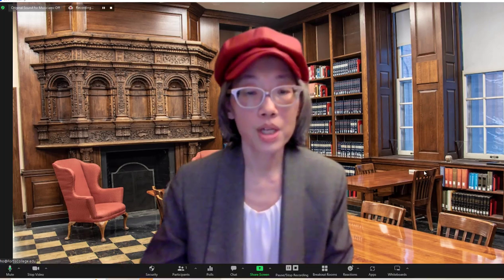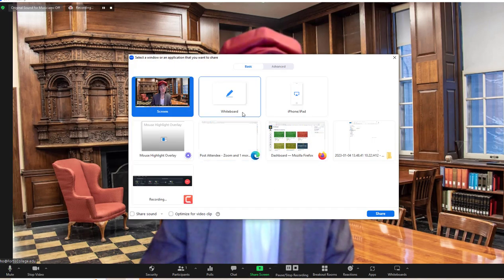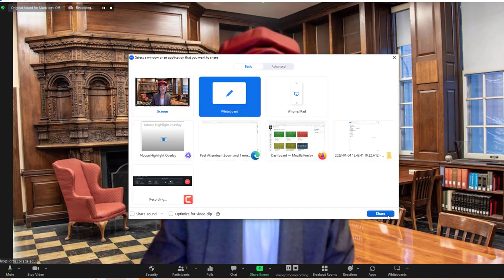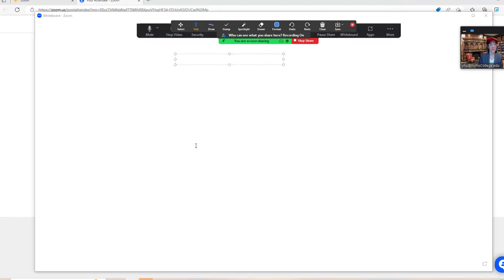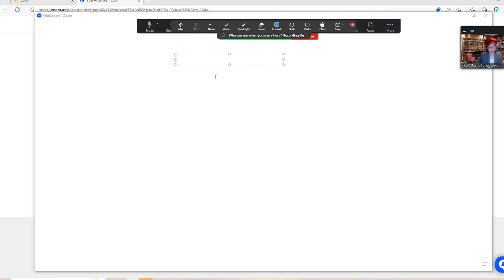So I'm going to share my screen, and I'm going to go over an example of how to do this. So let's do the text. So the benefits of positive thinking. Okay, so benefits of positive.